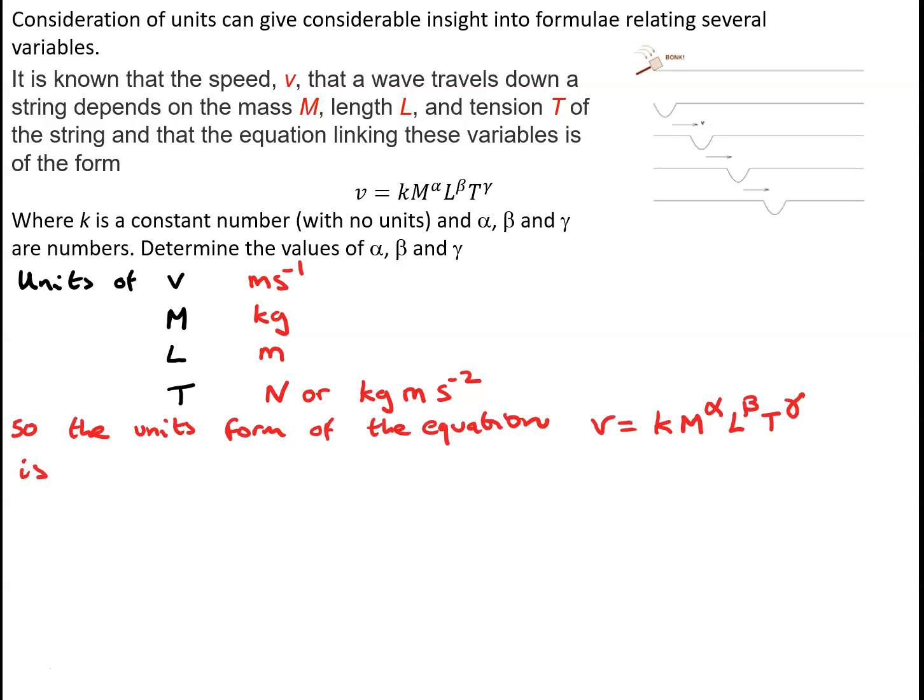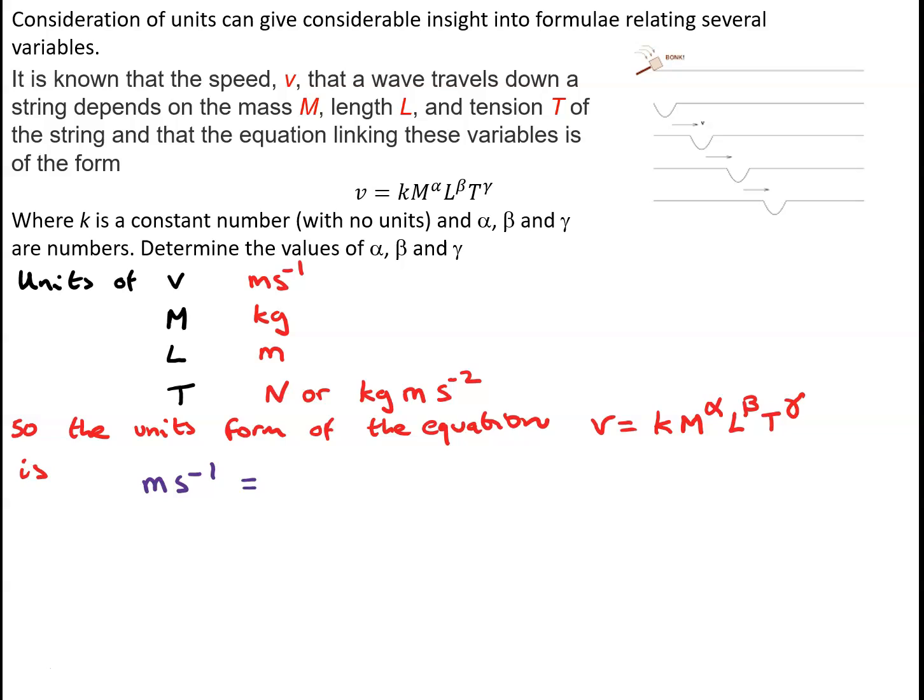So the unit form of the equation v equals k m to the alpha, l to the beta, T to the gamma is meters second to the minus 1, that's the units of v, equals the units of k. Well, we said k has no units, so we're not going to write anything there.